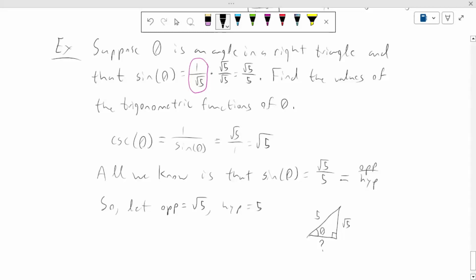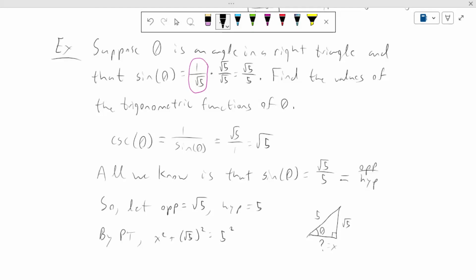So now that I have that, I have a missing side. Use the Pythagorean theorem. By the Pythagorean theorem, call this side length x. Then x squared plus the square root of 5 squared is equal to 5 squared.